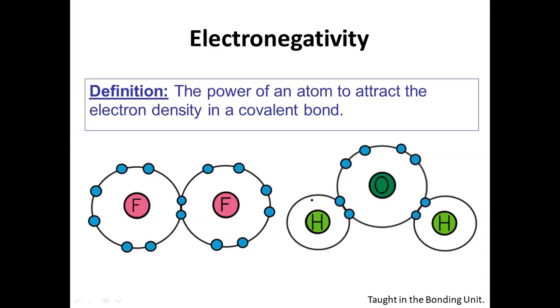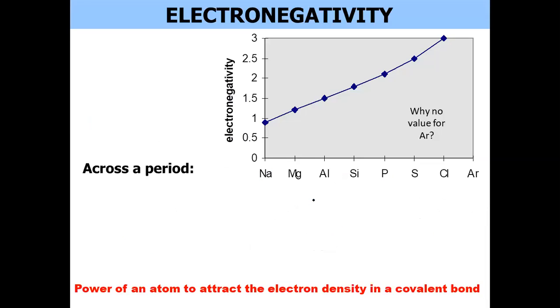Right, so how does the electronegativity trend relate to the period? What happens across the period? The electronegativity increases. And we know that electronegativity is the power of an atom to attract electron density in a covalent bond. So why do you think that is the trend? Pause, try to figure it out.